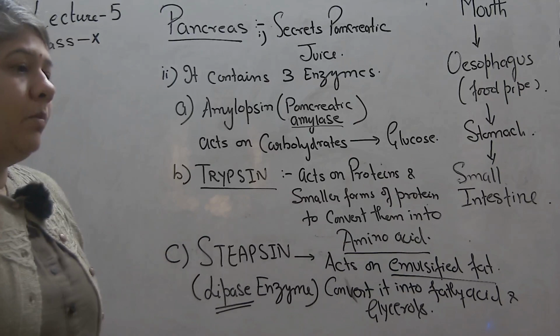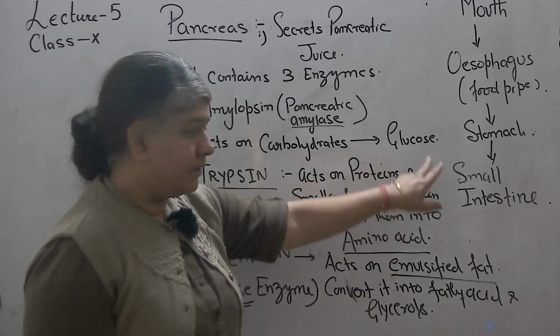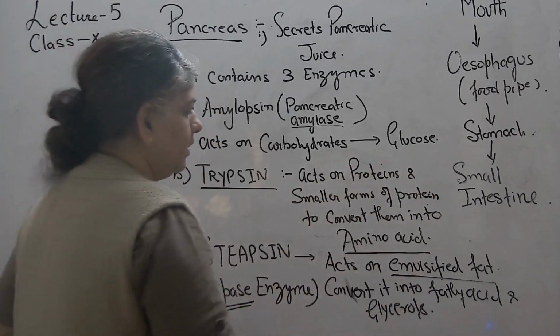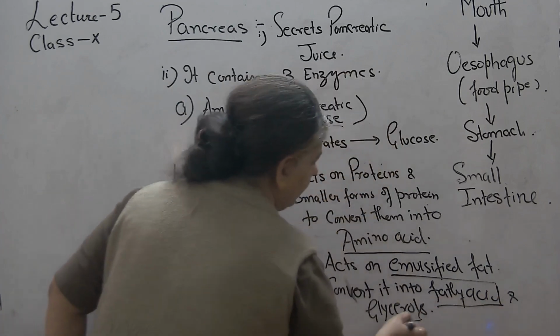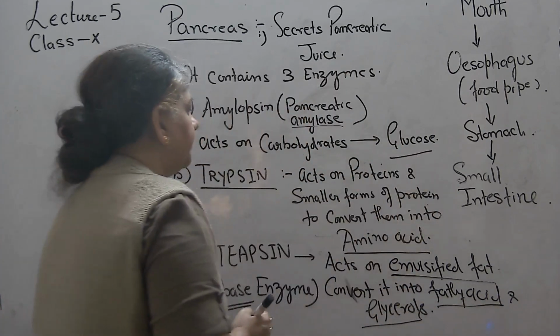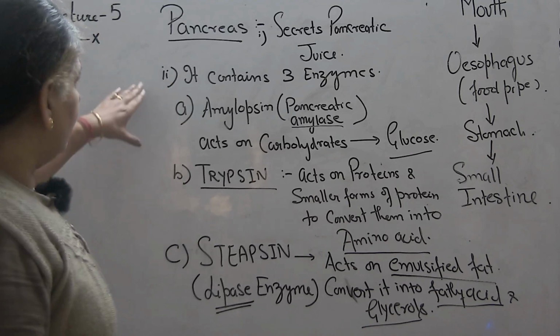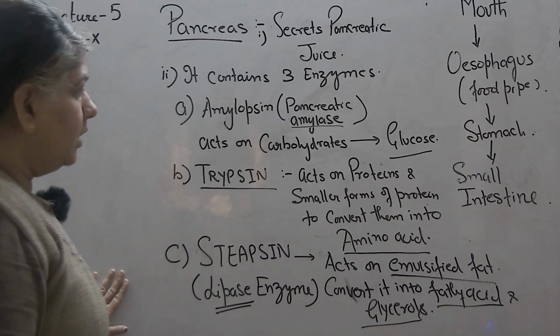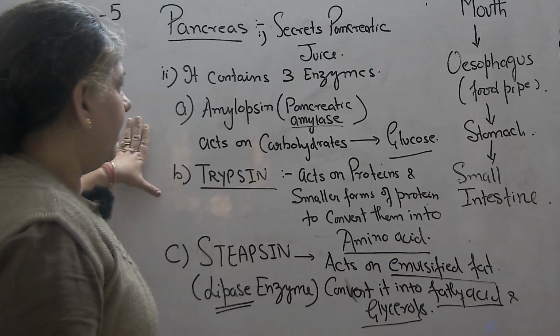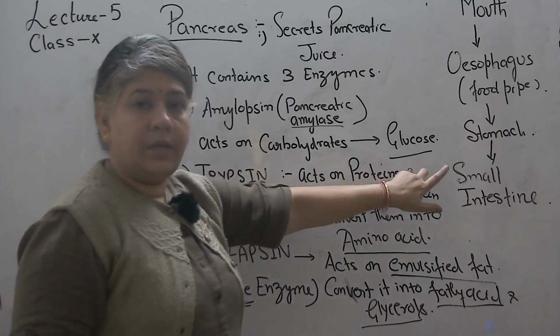So the final form of digestion is glucose, amino acids, and fatty acids and glycerol. So this is the role of pancreatic juice, that it is helping in final digestion.